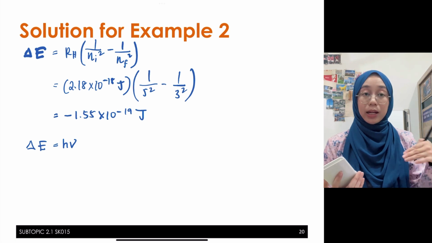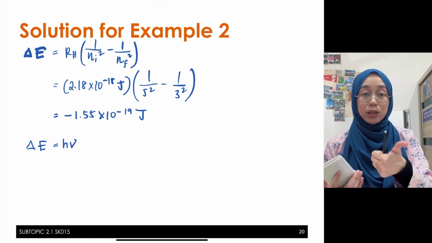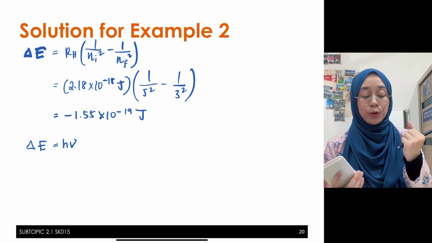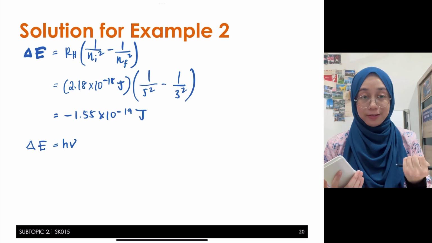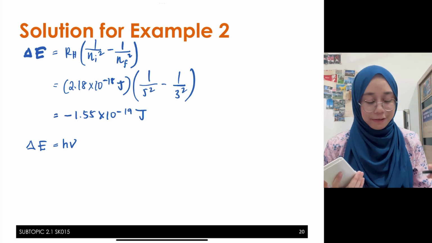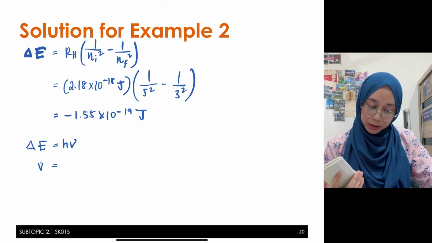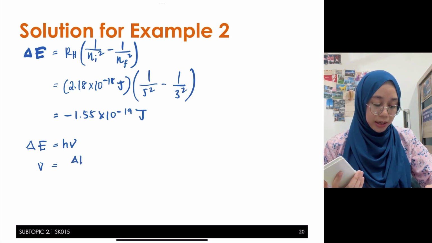Or else bila kita nak bawa pergi kepada kiraan frekuensi ataupun wavelength, tak payah bawa sekali the negative positive sign. Okay, basically dia akan jadi positif lah. Okay, so kita nak kira frekuensi now. Frekuensi equals to delta E divide by Planck constant then.